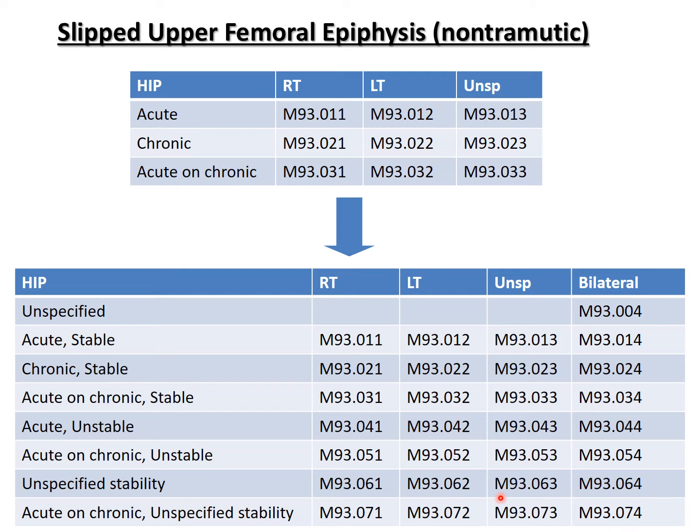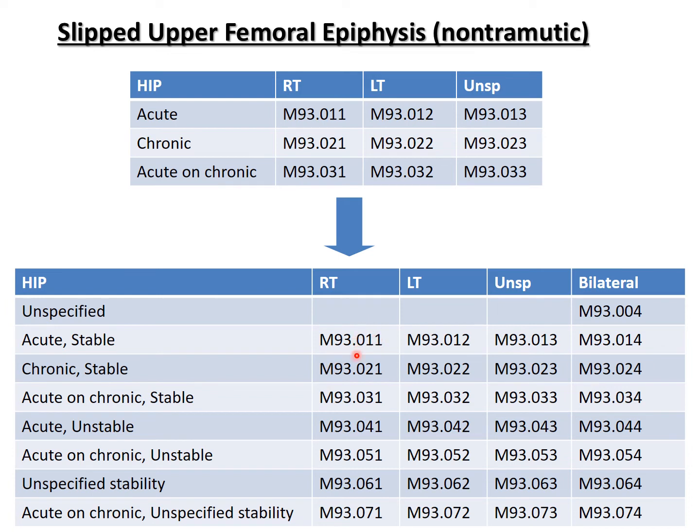If you observe the codes, the sixth character 1, 2, 3 or 4 indicates the laterality. For right it is 1, left it is 2, 3 is unspecified, bilateral is 4.